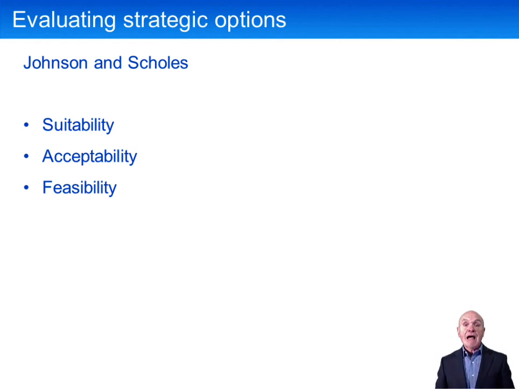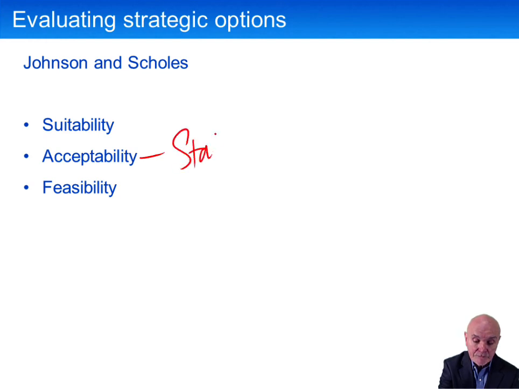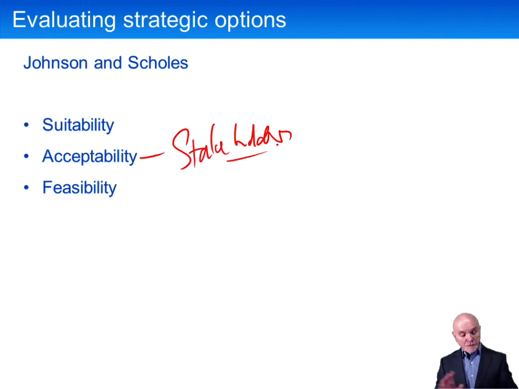Secondly, it has to be acceptable, and this is acceptable really to your stakeholders. Of course, we've already said that it's difficult to keep all stakeholders happy all of the time, but you have to at least make sure that what you're proposing is acceptable to your key players. If you're proposing something which is not acceptable to customers, they'll leave and go somewhere else.